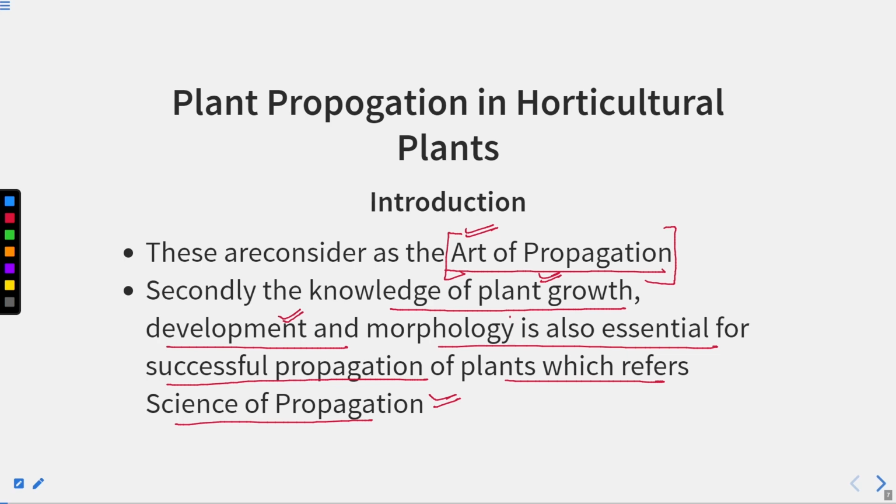And what is the morphology of the plant, what is the anatomy of the plant, how successful propagation takes place. So all these are the knowledge of propagation. So this comes under the science of propagation.